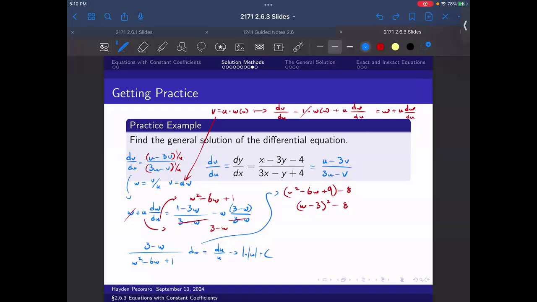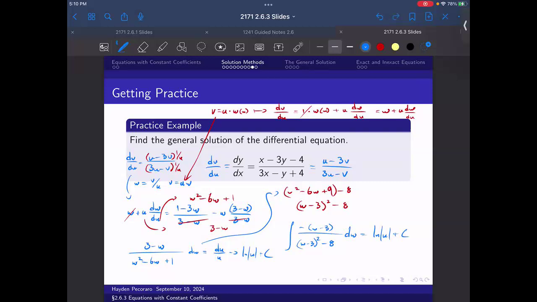Okay, so that gives us minus (w minus 3) over (w minus 3) squared minus 8 dw equals du. Actually, let's write it this way: log u plus c, and we'll say that's the antiderivative now.